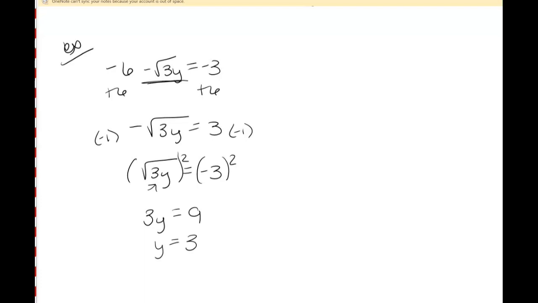Okay, so now we need to go back in and check it. Negative 6 minus the square root of 3 times 3 equals negative 3. That's the question. So negative 6 minus the square root of 9 equals negative 3.